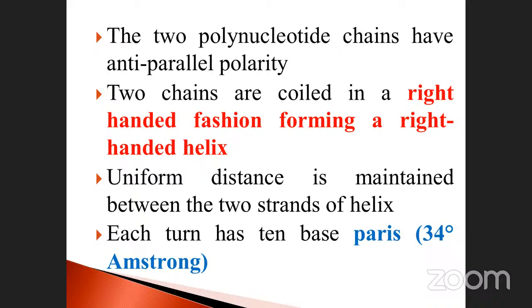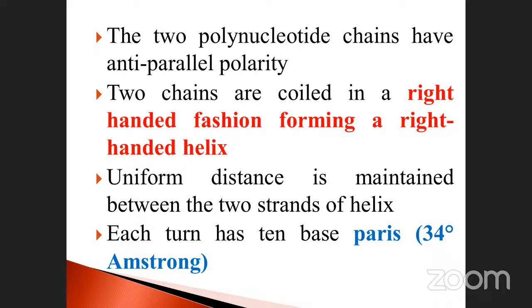Don't forget, my dear. Uniform distance is maintained between the 2 strands of the helix. This is 10 pair, 10 pair, 10 pair. It may vary depending upon the types of DNA molecules, suppose we see A or B or C. Now we are studying the B form, right-handed helix. This was discovered by Watson and Crick.